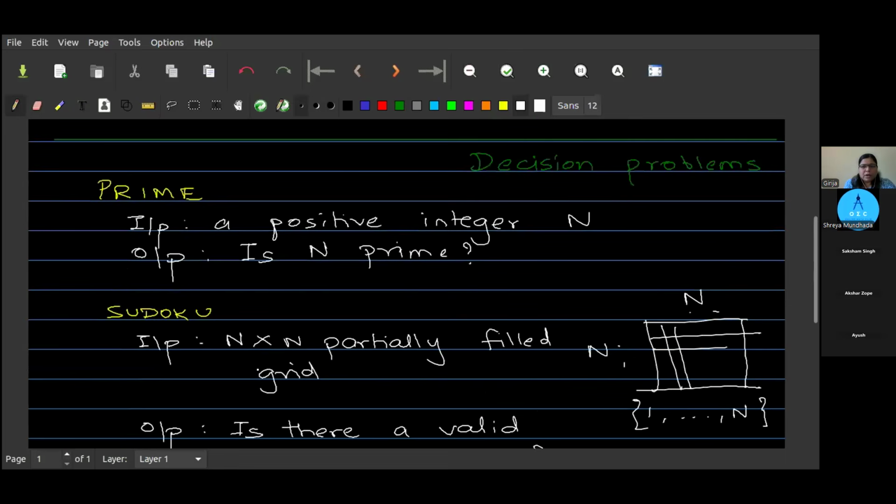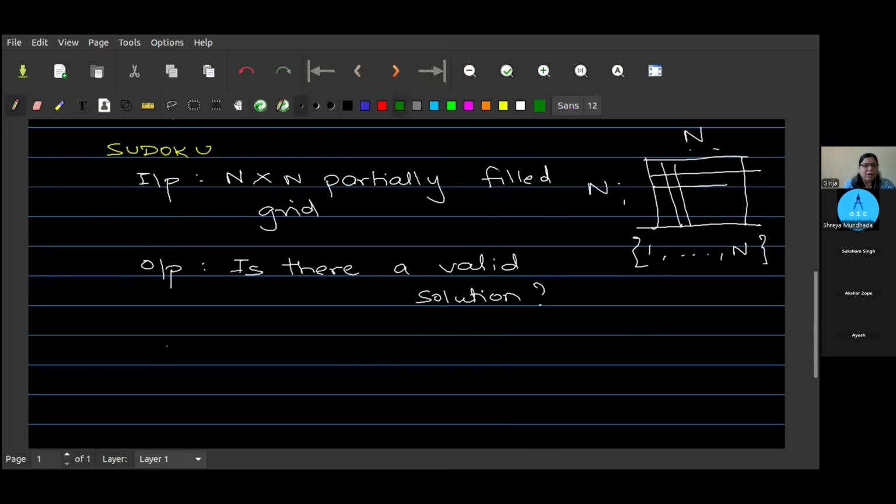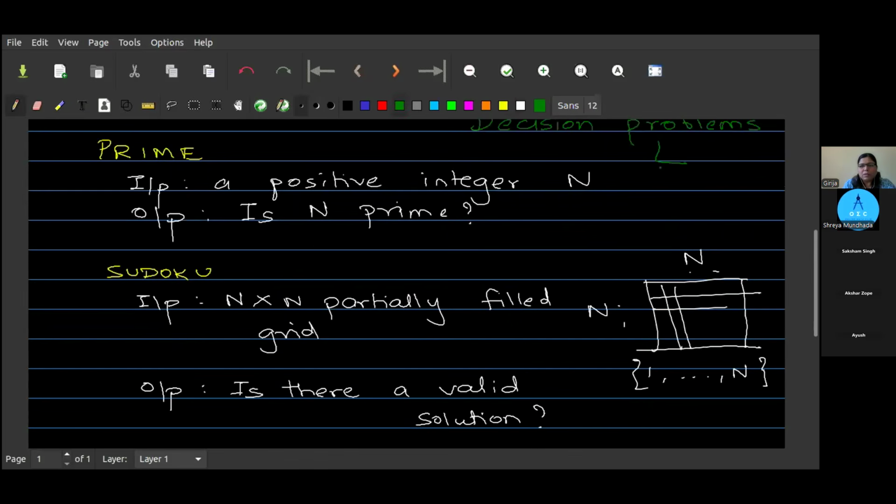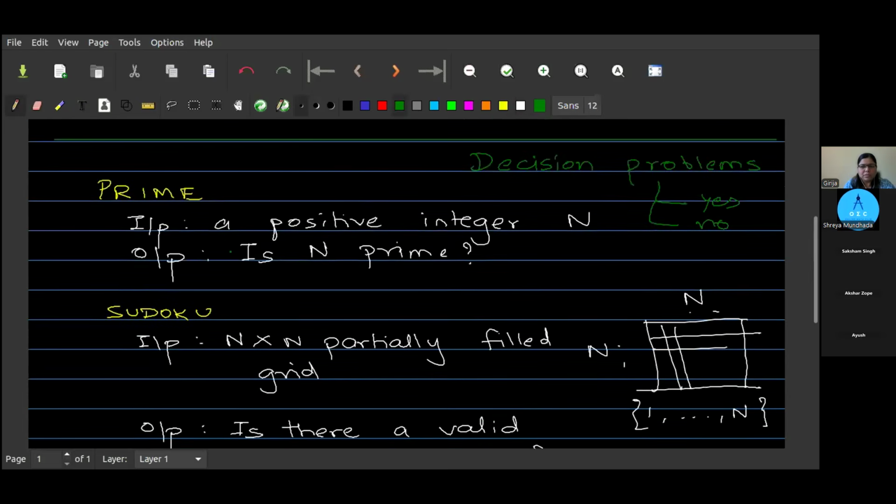Okay. Yeah, so as I said, these are decision problems because the answer to this will be yes, no. When I say decision problems, there are two possible answers. Yes, no, you can think about this as true, false, something like that. So we'll be dealing with these two problems for quite some time today.